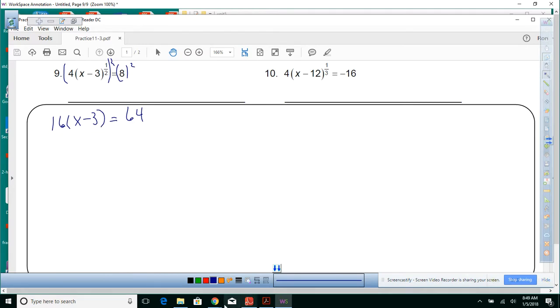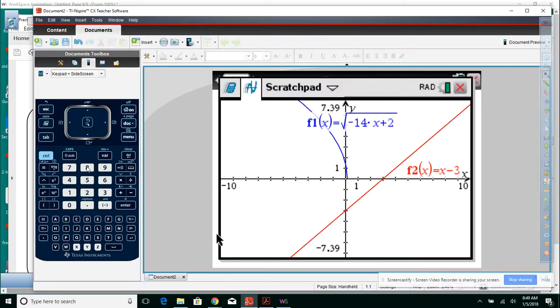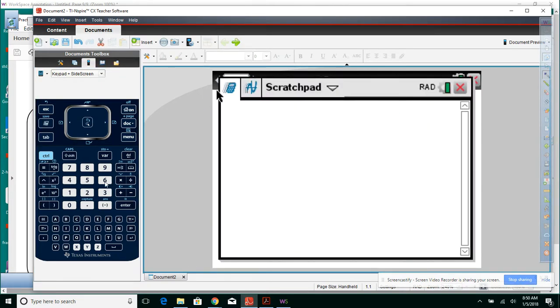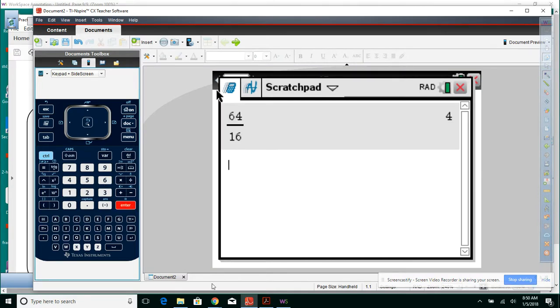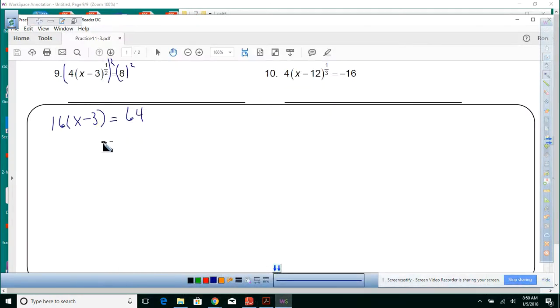Divide both sides by 16. 64 divided by 16 gives me 4. So I've got x minus 3 equals 4. Add 3 to both sides, and I get x equals 7.